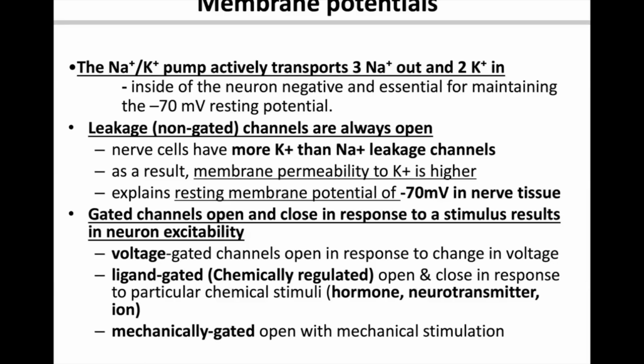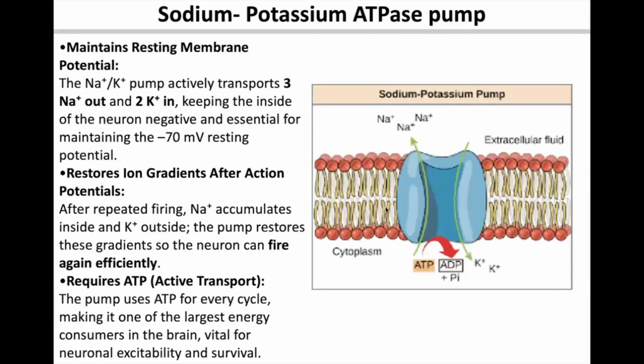Let's look at the figure in this case. You will see that this is the sodium potassium pump. It plays a very significant role in the membrane potential because it's the initiation of the membrane potential. This pump uses ATP, which is the main energy source, a ton of ATP.